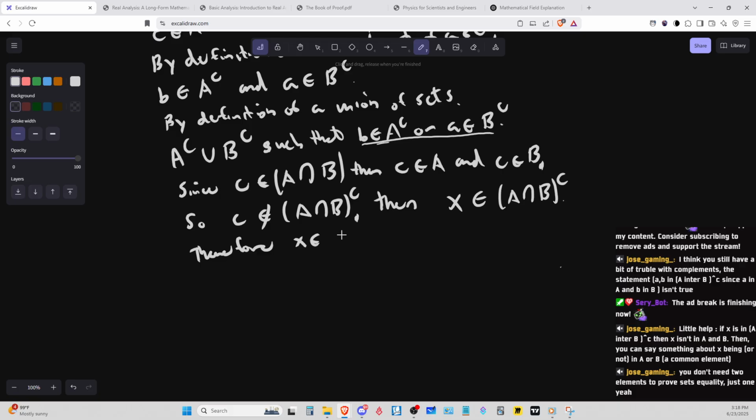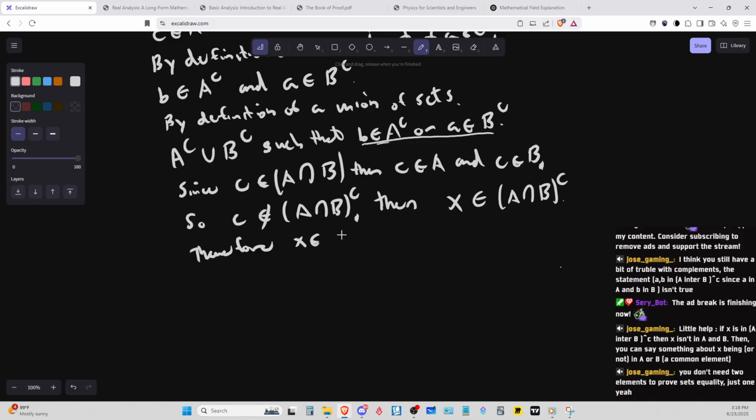Great. Now I have to think about this, since the complement is around the parentheses. I want to write X as an element of A or B, but then I have to think about it. It's supposed to be not in the intersection.